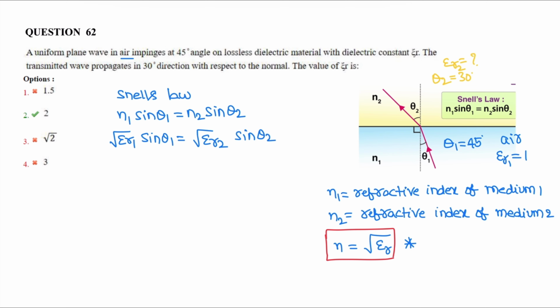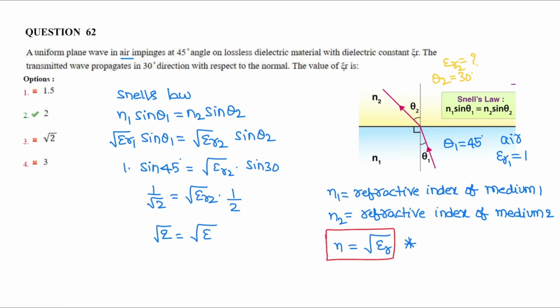Here theta 1 is 45 degrees, 1 into sin 45 is equal to square root of epsilon r2 sin 30. Sin 45 is 1 by root 2, sin 30 is 1 by 2. Now root 2 is square root of epsilon r2. Epsilon r2 value is 2. Correct option is 2.